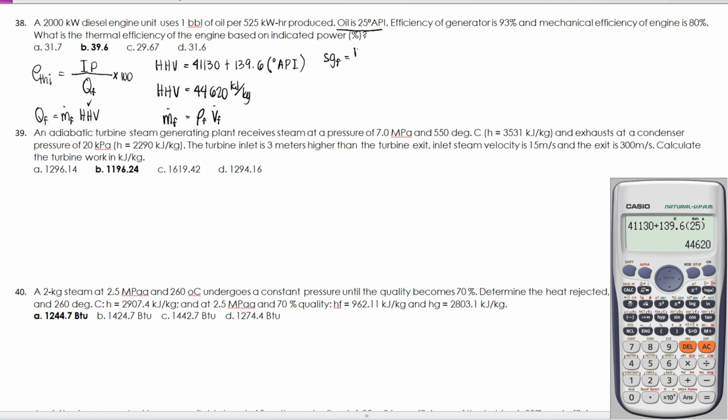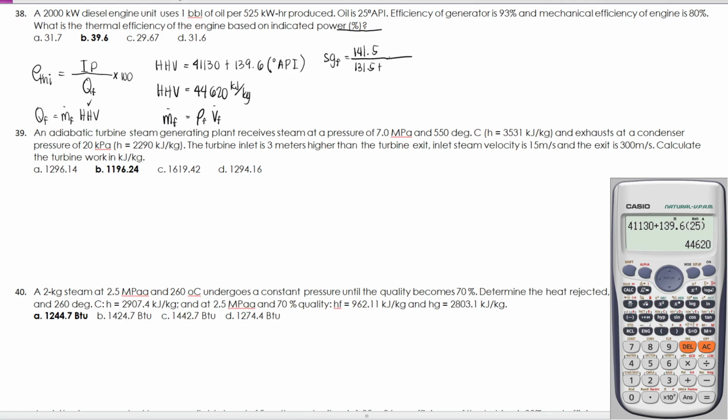So, that will be equal sa 141.5 over 131.5 plus the degree API. Sinimplify ko na lang ha para makuha agad natin yung SG. Okay? Nanggaling lang din ito sa formula ng degree API na 141.5 over SG minus 131.5. So, minanipulate ko na lang yung formula para direkta na natin makuha ang SG ng fuel.